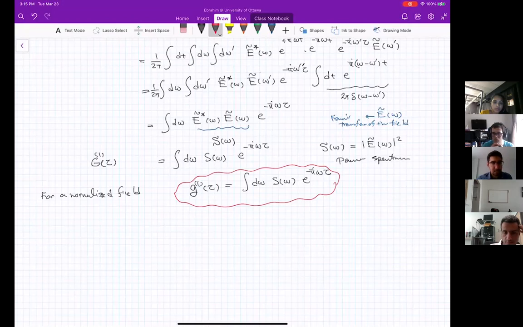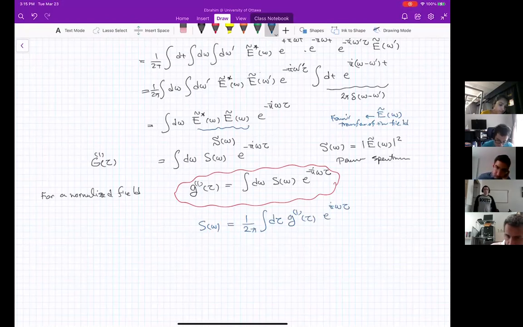So it is important to note that the power spectrum is the Fourier transform of G1. Now I can multiply both sides by e to the power of i omega prime tau, and then do the integral and inverse the Fourier transform. Then what I will get is that S of omega is equal to 1 divided by 2 pi times the integral of d tau g1 of tau e to the power of i omega tau.